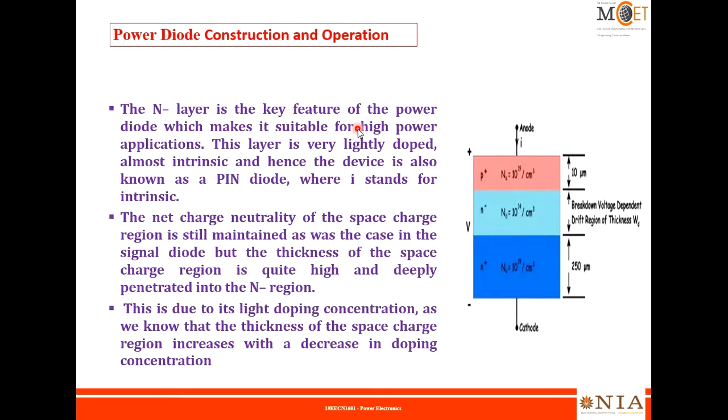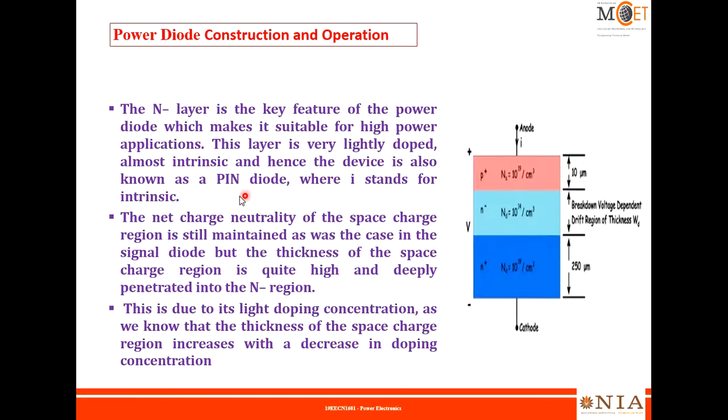The N minus layer is lightly doped, nearly intrinsic. For this reason, the N minus layer is sometimes called an I layer and the device a PIN diode.